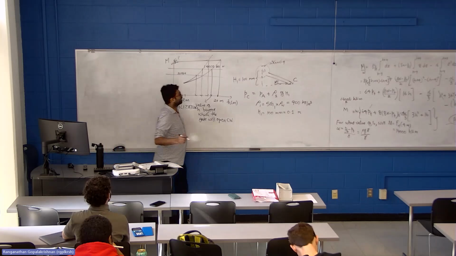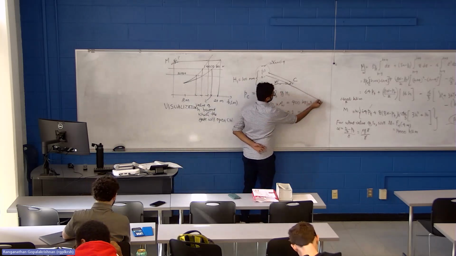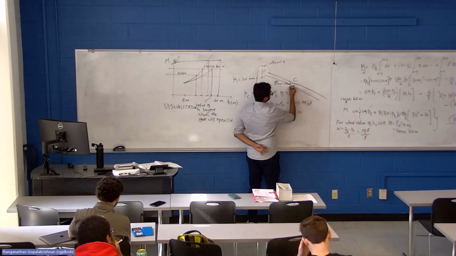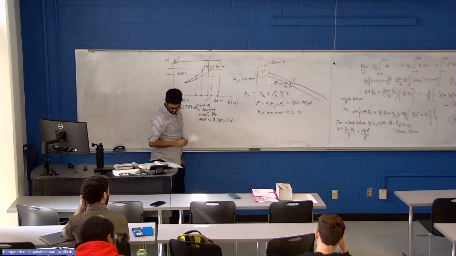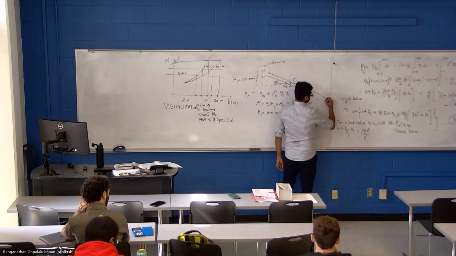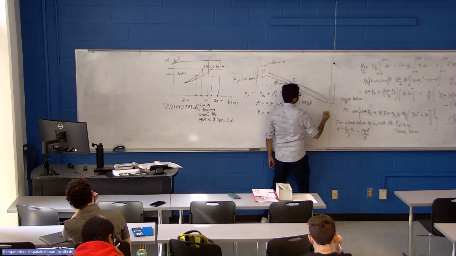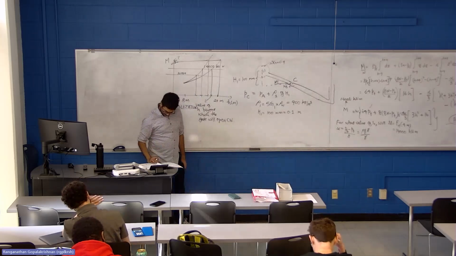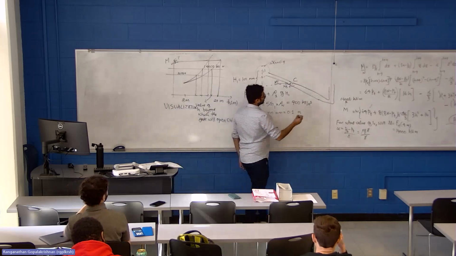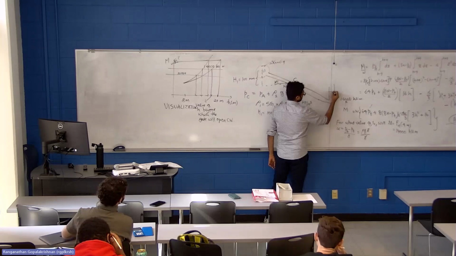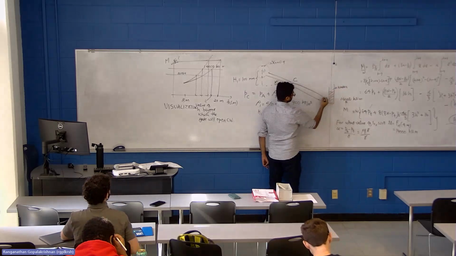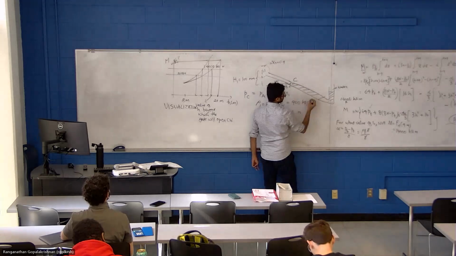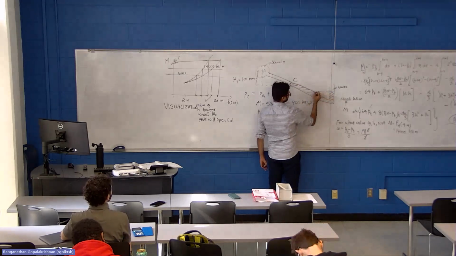Then the tube continues, and this fluid is mercury. It goes on, takes a turn, then rises up, and at some point it switches to water. So until here, it's mercury.